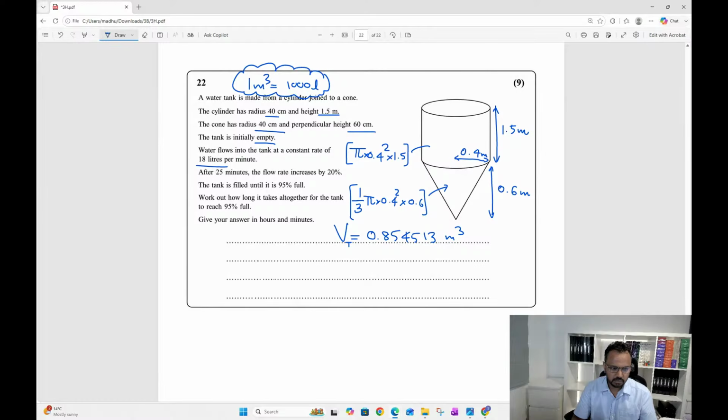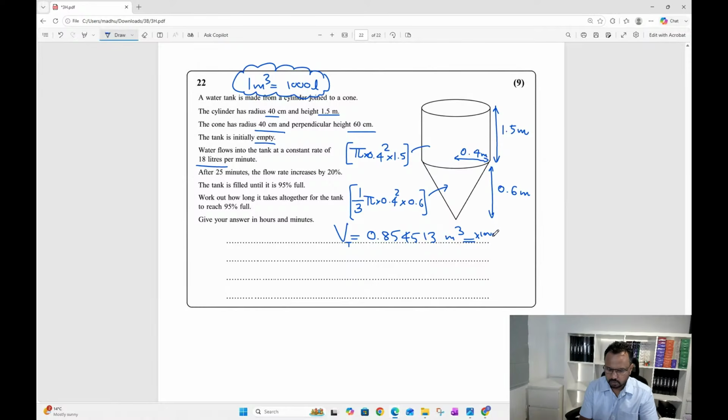Thumbs up if you understand. If you think about a swimming pool, that is 1,000 liters. So 1 cubic meter is 1,000 liters. Now, I'm going to get this into liters. How? Just multiply by 1,000.